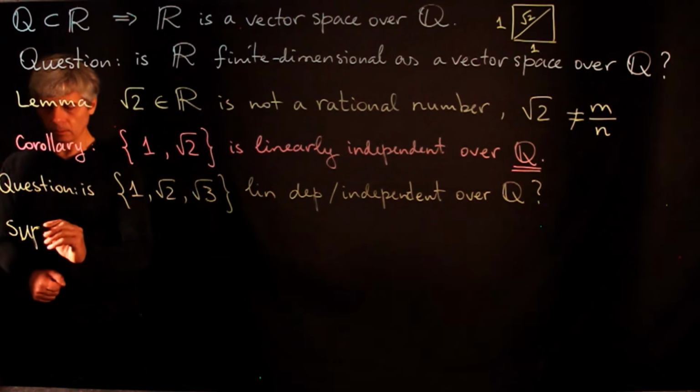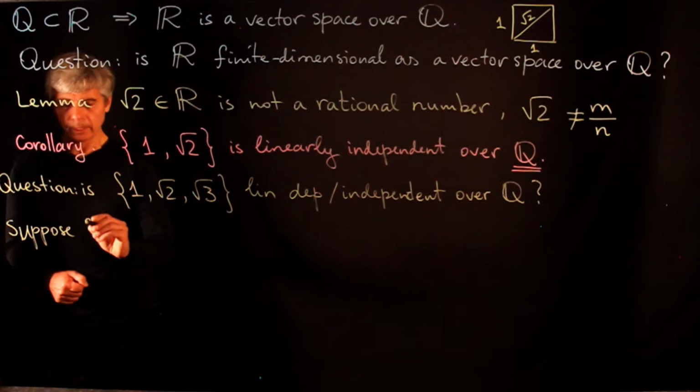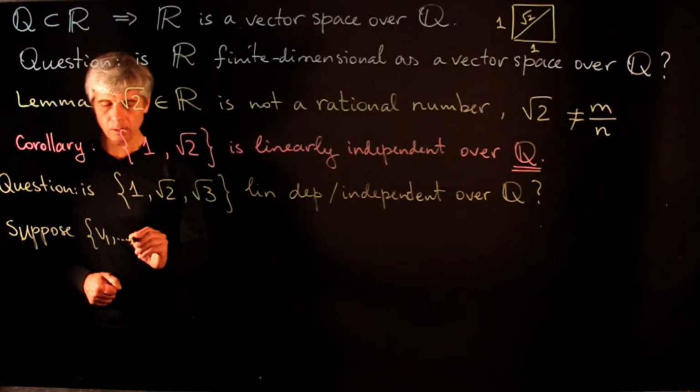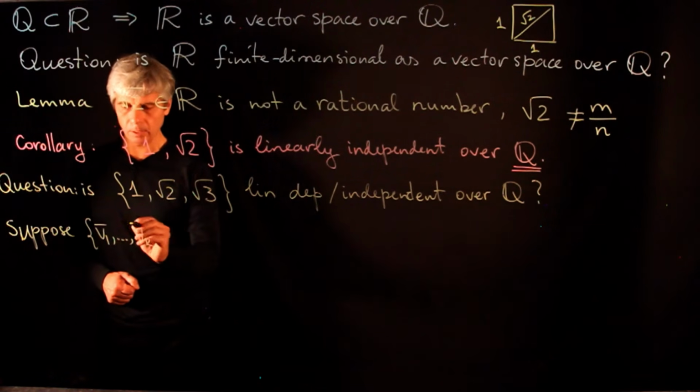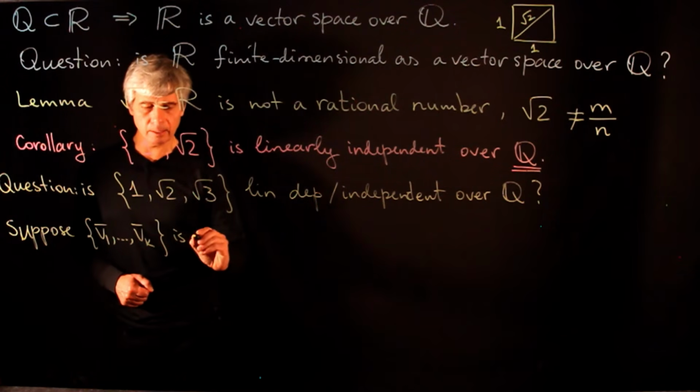Suppose the set V1 through Vk is linearly independent.